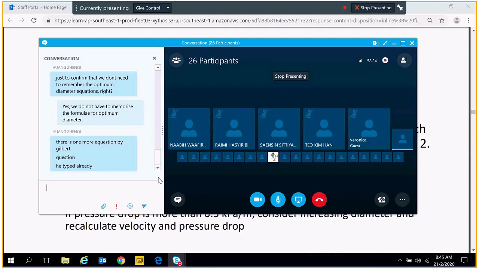So you still let L equal to 1 meter, the L over D inside your Darcy equation, because you're not checking the pressure loss for the entire pipe. You only need to check the pressure drop for 1 meter, and make sure that this pressure drop in 1 meter is not more than 0.5 kilopascal per meter.